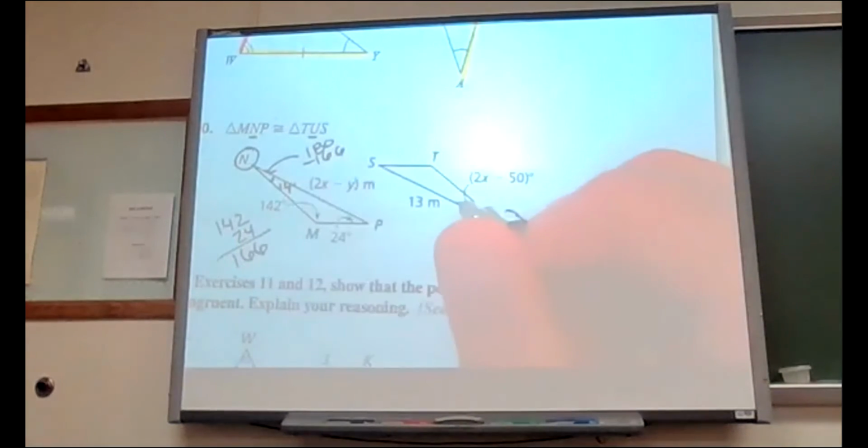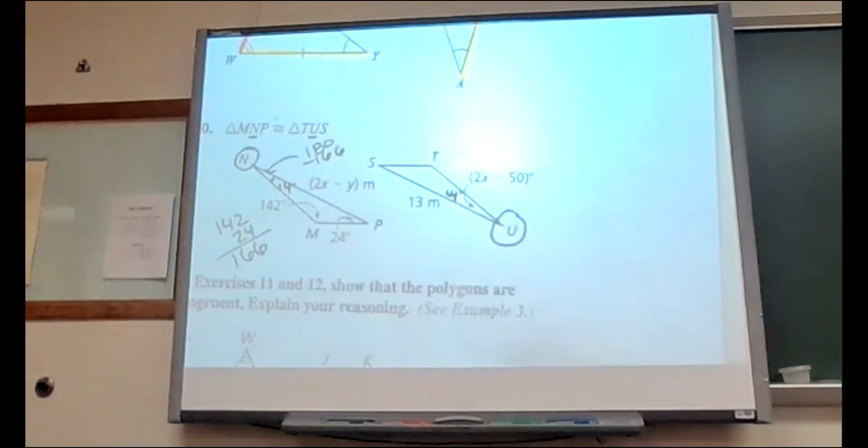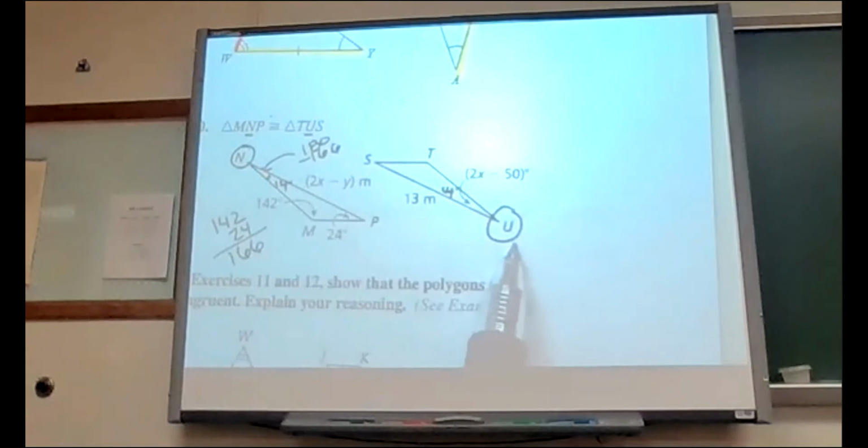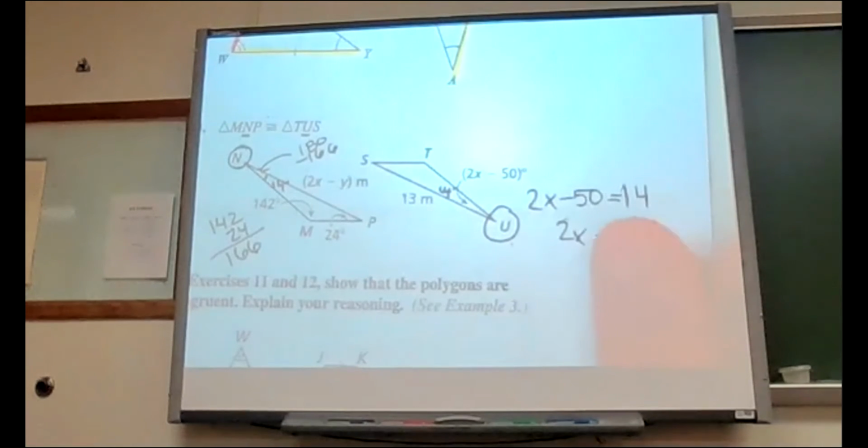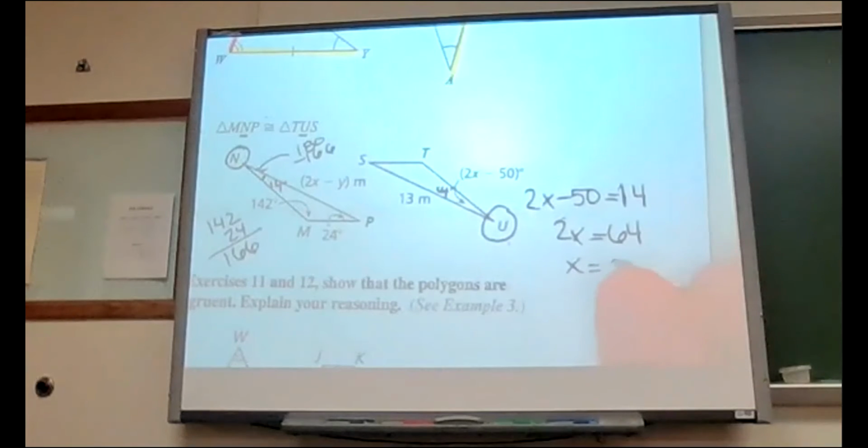So it'd be 14 degrees, which means this angle would be 14 degrees because they're corresponding angles. So then 2x subtract 50 would equal 14. Adding 50, 2x equals 64. And x equals 32.